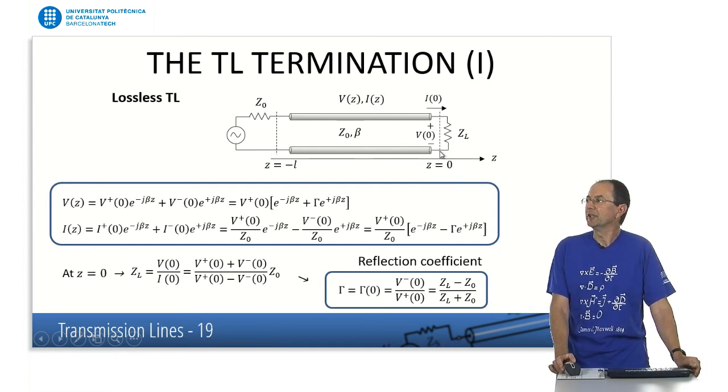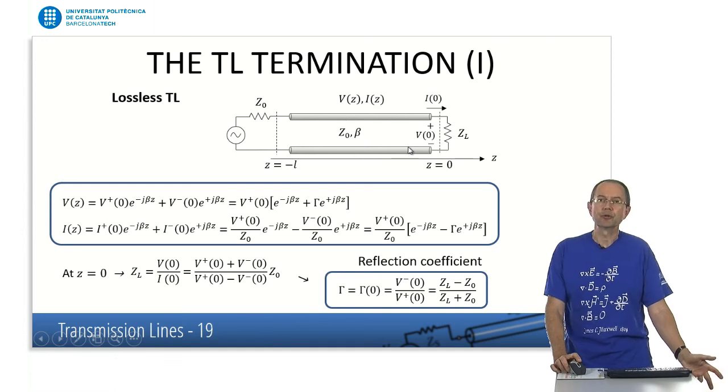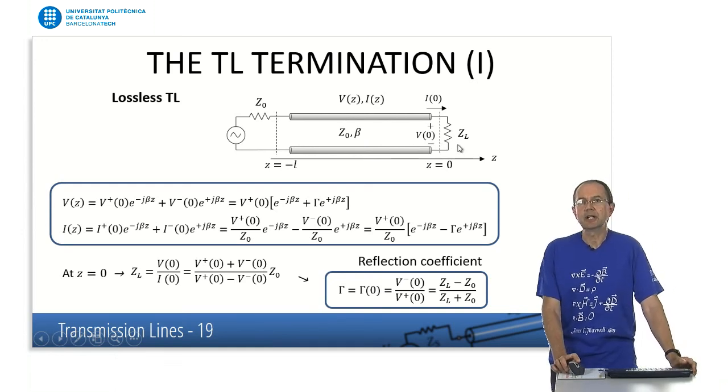So the only way to make this situation feasible is to include not only a forward wave, but a backward or reflected wave starting from the load. In other words, if the line is not terminated with the same impedance as the characteristic impedance of the transmission line, we have a reflection.